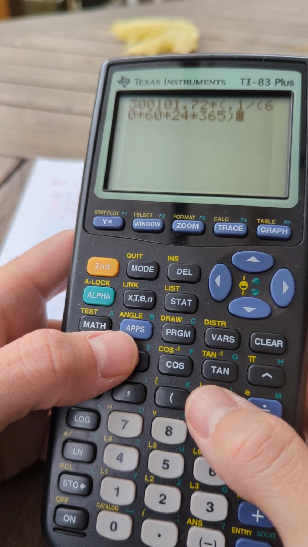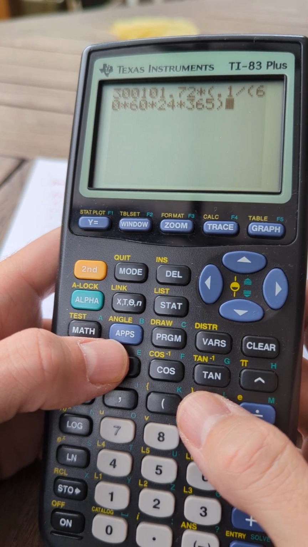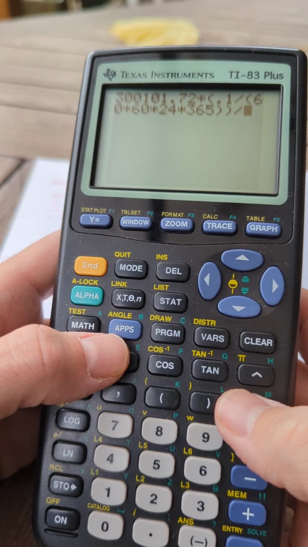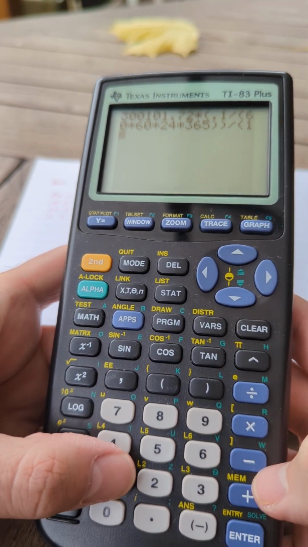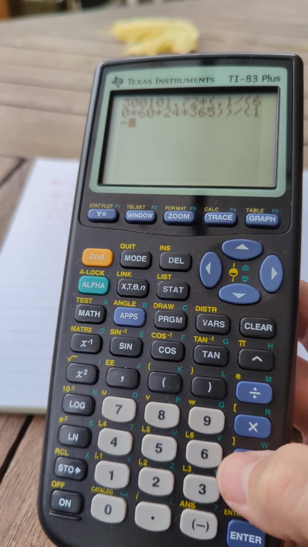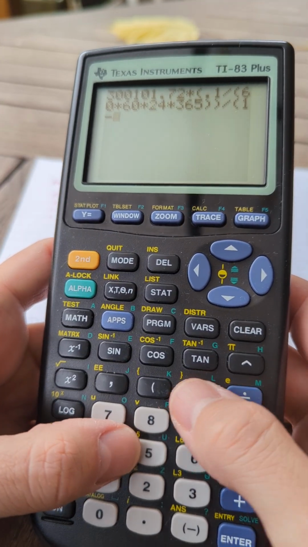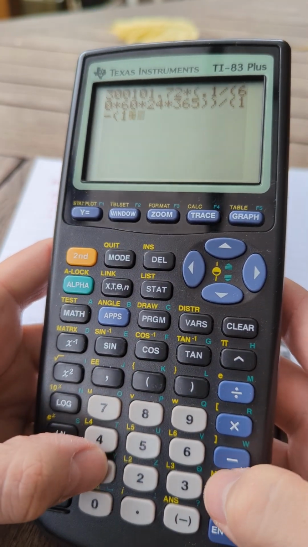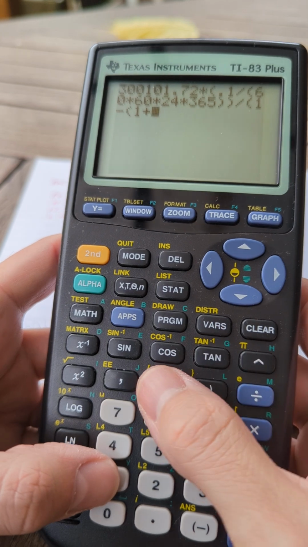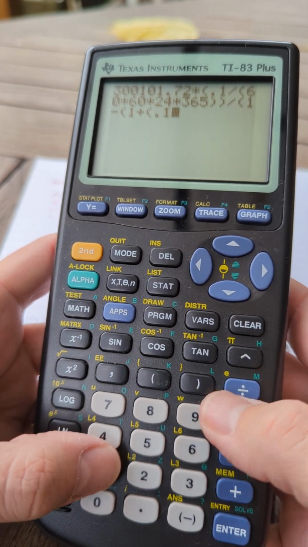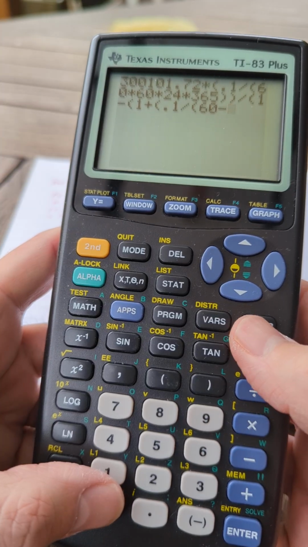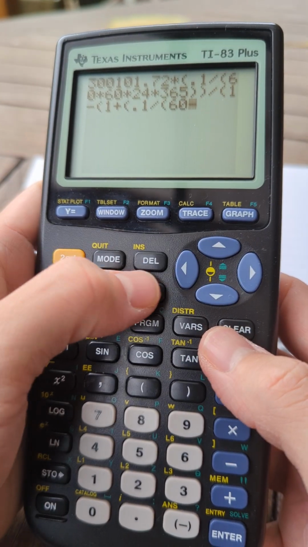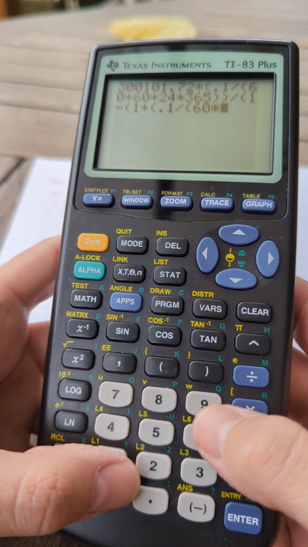So that's the numerator. That's 2 brackets, isn't it? Divided by 1 minus 1 plus brackets, and then we've got our interest rate again divided by 60 times. Oh, hitting the wrong key.